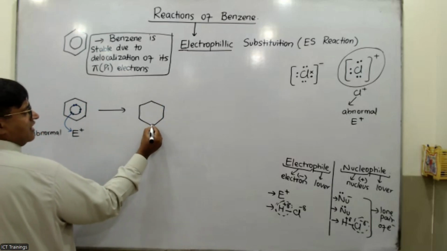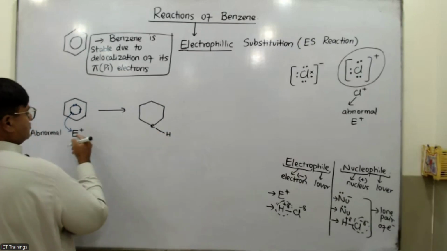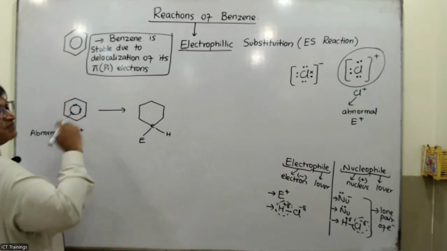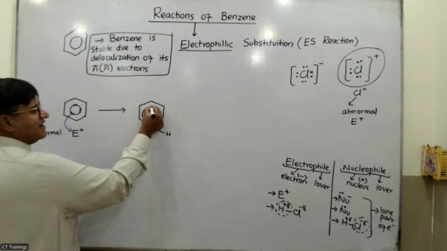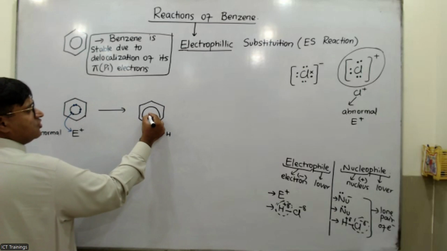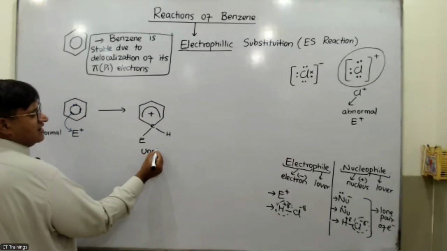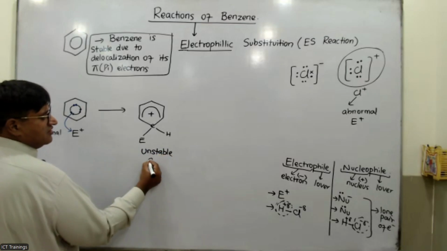Every corner has a carbon and hydrogen. The electrophile would be attached up here, and this ring would break down and be extended to the five carbons only, and the positive charge would come up here. So this is the unstable complex which is being formed.